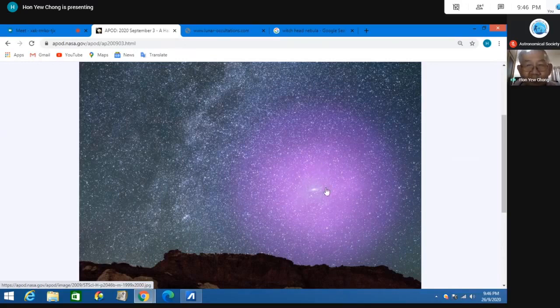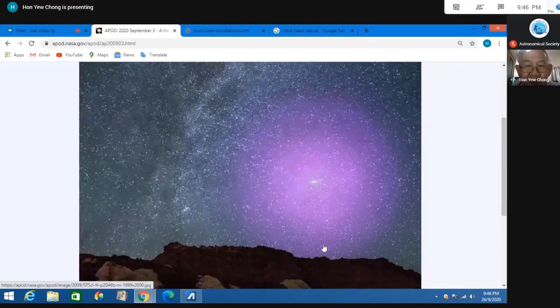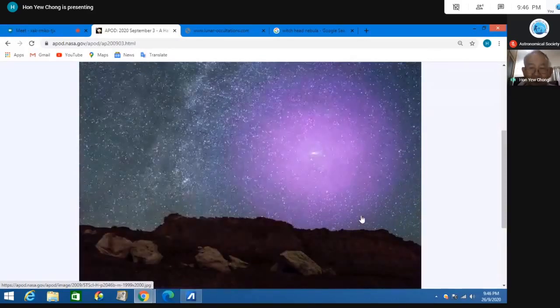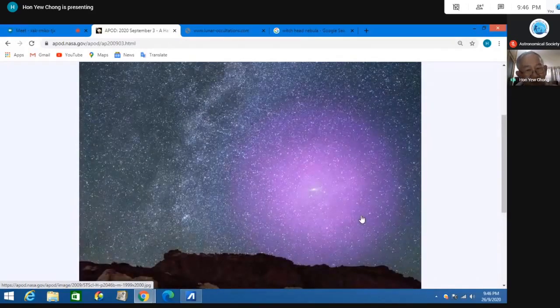So actually, they took a picture of this Andromeda and digitally processed it to look purple here. They artificially put it in, and they put it artificially in a landscape view. So this is not a real picture, but just to show that next time you look at Andromeda Galaxy, you know that just now we saw one picture, Andromeda Galaxy is much bigger than the moon. The moon is just a dot in the center.